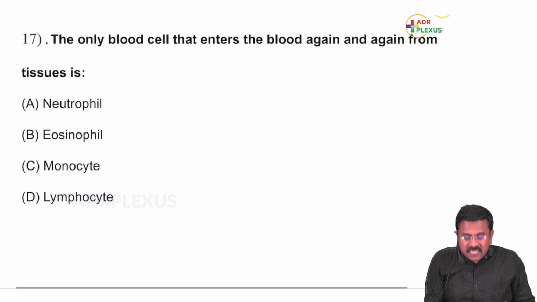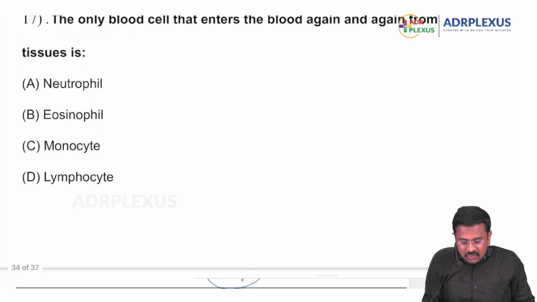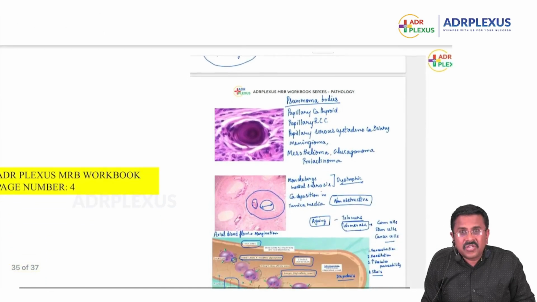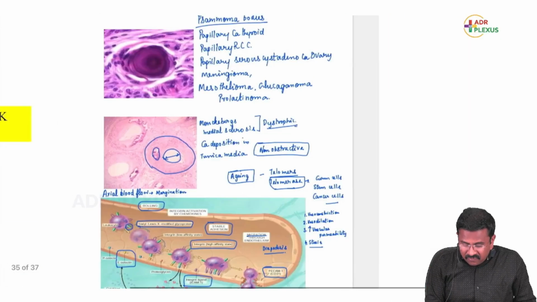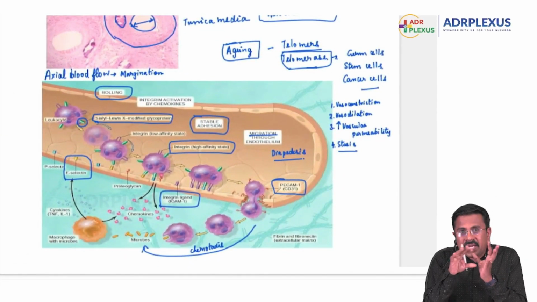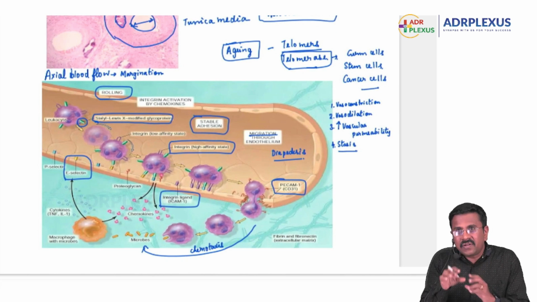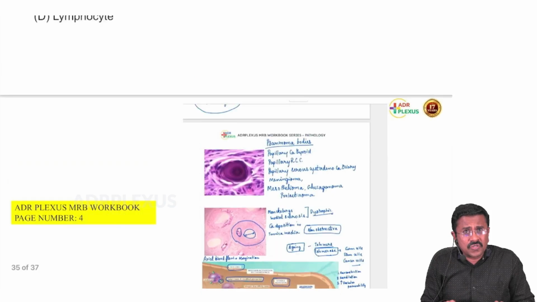Moving on to the 17th question. The only blood cell that enters the blood again and again from the tissues. During our class on inflammation, in the MRB workbook page number 4, we discussed the cellular events of inflammation, that it is mainly the neutrophils that come out, and they stay in the tissues.